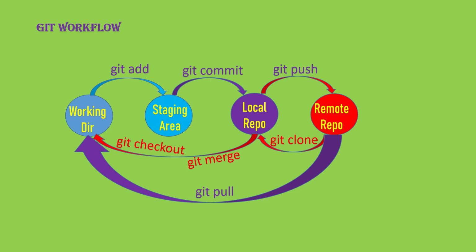So we need to pull the changes other resources have made to the remote repository, and on top of that we need to add our changes. Before we commit anything, we need to make sure that we pull the changes on the remote repository, so that we have all the changes other resources have made. This can be achieved through the git pull command. So this is the overall workflow of Git.